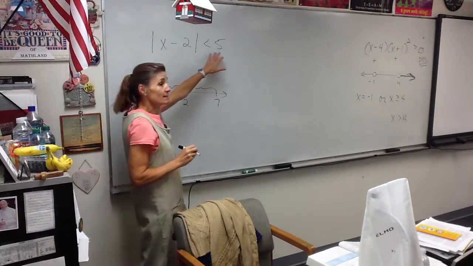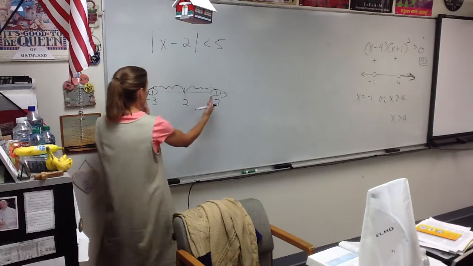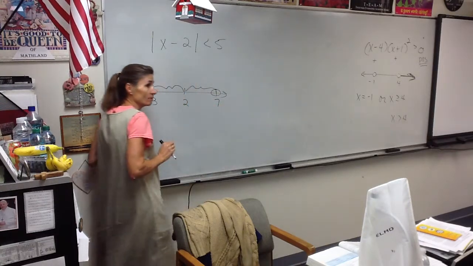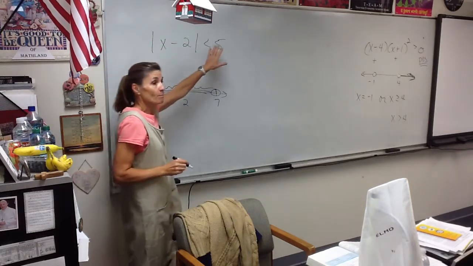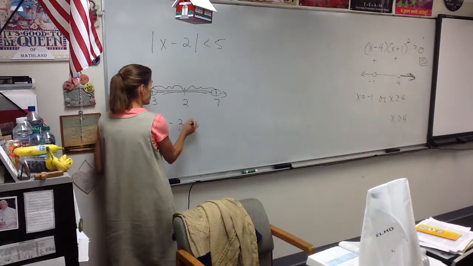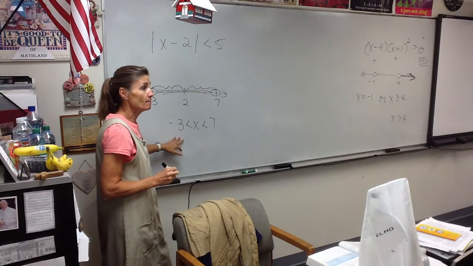Now if the distance has to be less than 5, are we in between -3 and 7, or are we pushing out from -3 and 7? In between, because the distance is less than. So the answer is all of the numbers between -3 and 7.